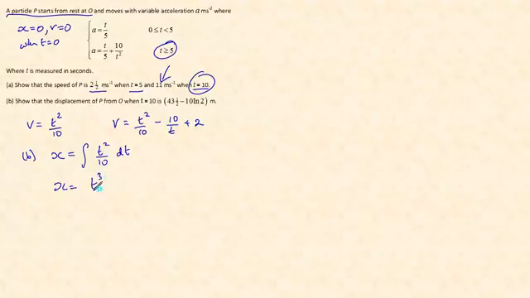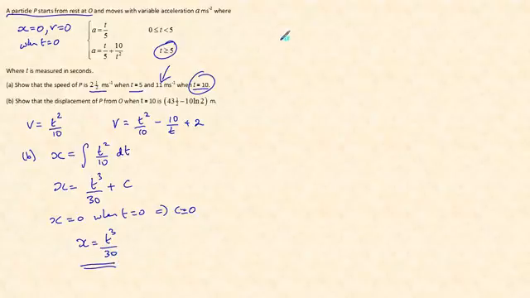So that's going to be t cubed over 30 plus c. But we know that x is 0 when t is 0, so that means c is 0. And so x would be t cubed over 30.